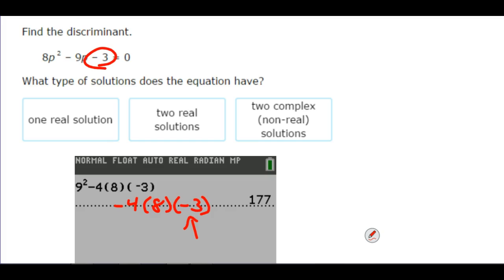Another thing that could give you a false answer is if you put negative 9 squared without parentheses, that would mess it up too. You have to make sure that everything's put in just right, just like you do with everything else. And here we would have two real solutions.